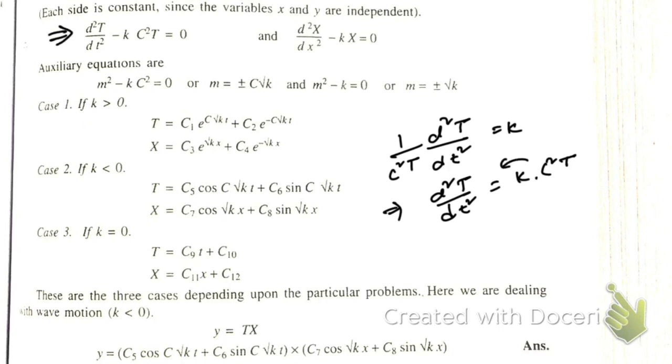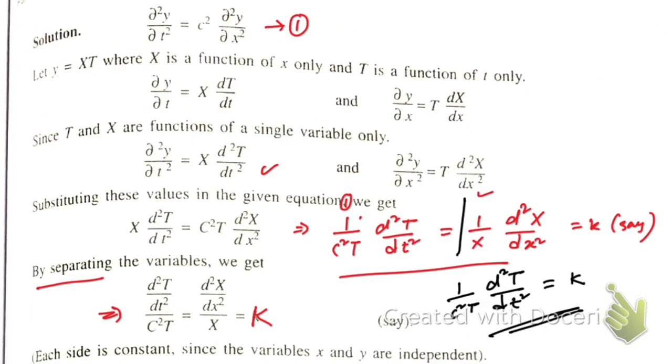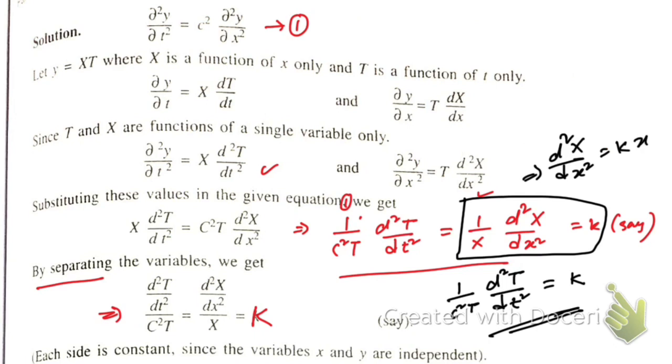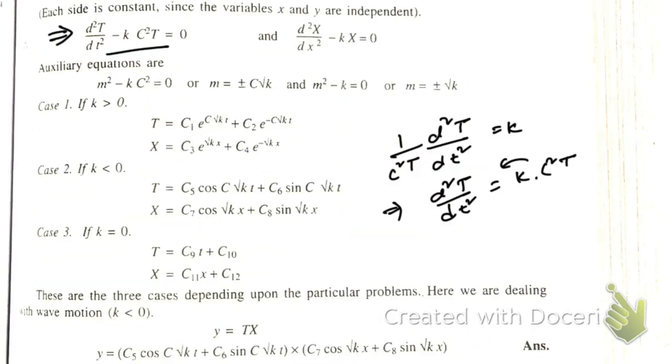Then similarly, for the other part, second order derivative of capital X with respect to small x is equal to k into capital X. If you bring this to this side, you have this equation.